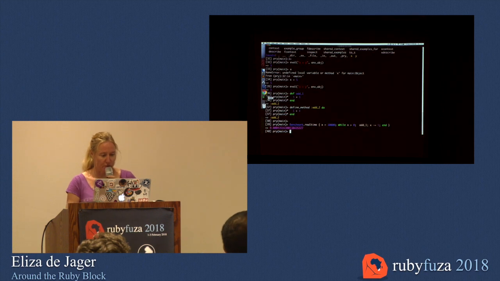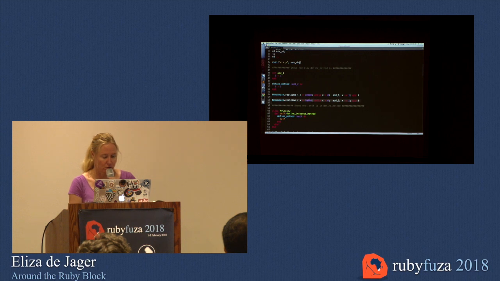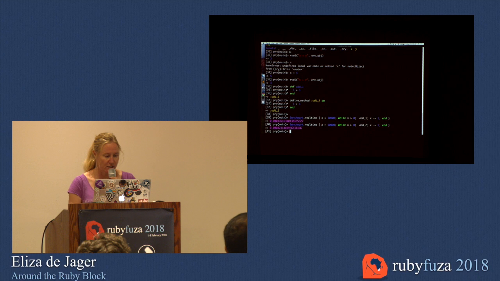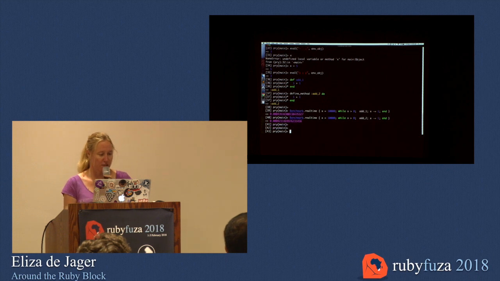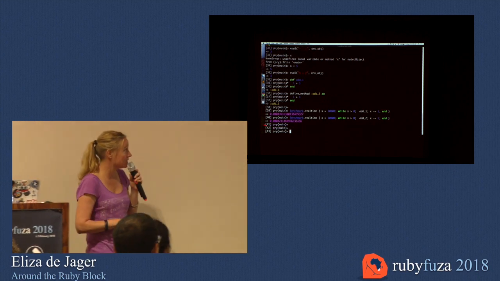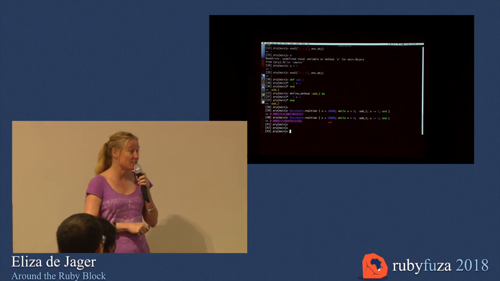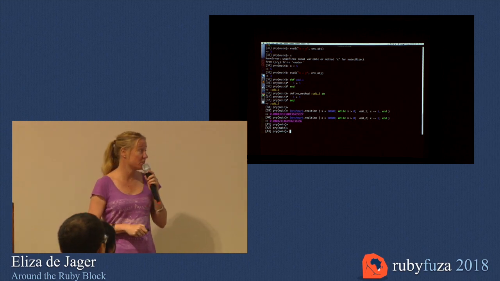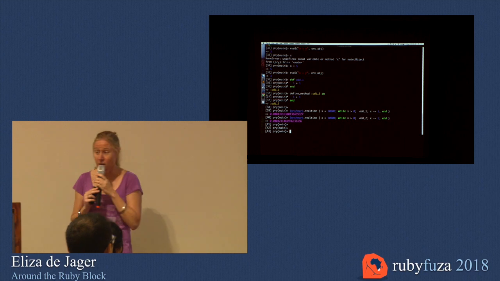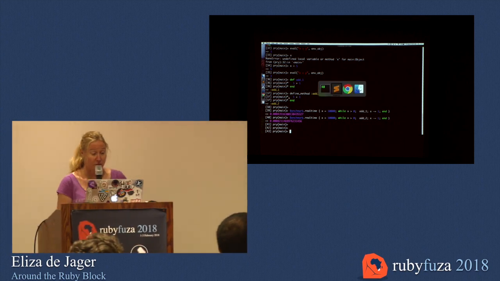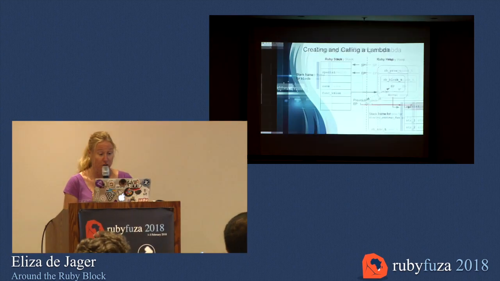First I'm running the first method about 10,000 times in a while loop, and then I will switch to executing the second method, which uses define method instead. And we'll see that, yep, the method we created using define method, which does exactly the same thing, runs about twice as slow. So yes, define method creates methods that are quite slow.